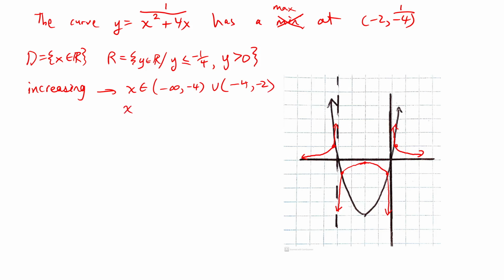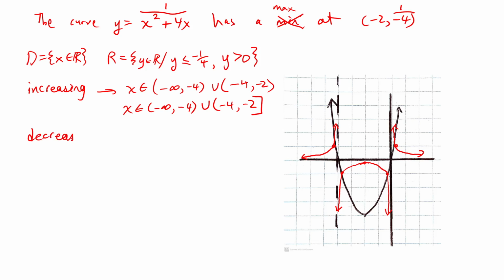Now, there's a way of thinking which I actually adhere to as well, which says that we should put a square bracket on that negative 2, because the negative 2 is included in the increasing interval. Your textbook uses a round bracket though, so in terms of the negative 2 there, I'd accept it either way.